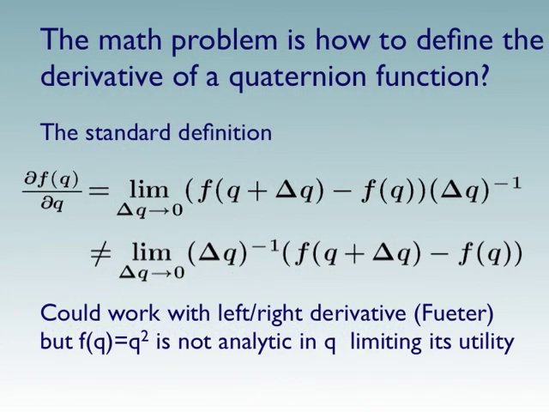So the first math problem is how to define a derivative of a quaternion function on a quaternion manifold. And if we look at the standard definition of a derivative and we simply apply it to the case of quaternions, then what we notice is that if we write the differential element on the left, it's not the same as writing the differential element on the right.